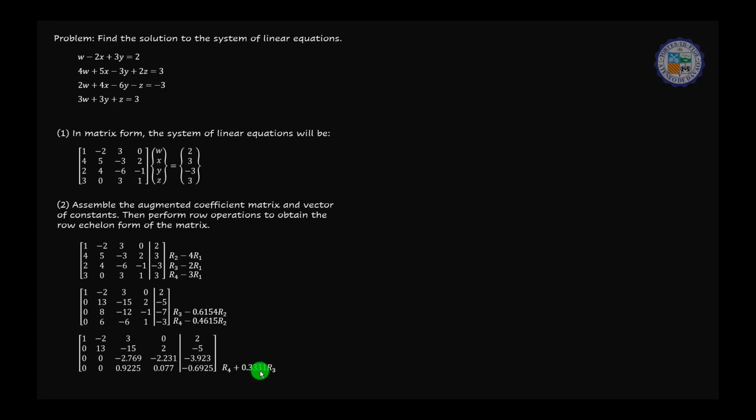This 0.3331 is equal to 0.9225 over 2.769. So the new elements of row 4 will be this one. We have now arrived at the row echelon form of the augmented matrix, so we can now solve the system by back substitution.